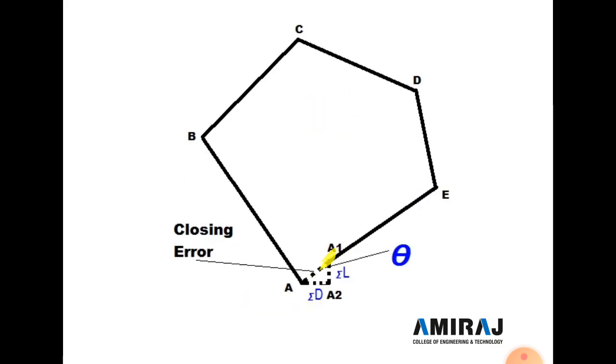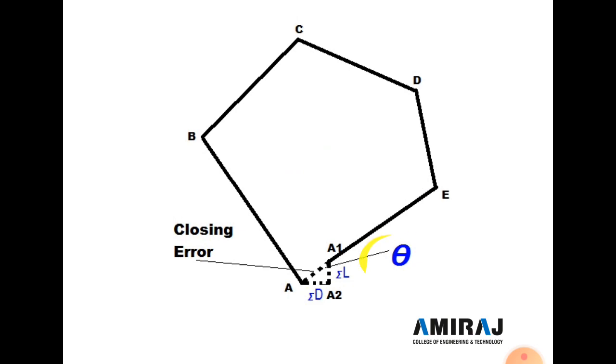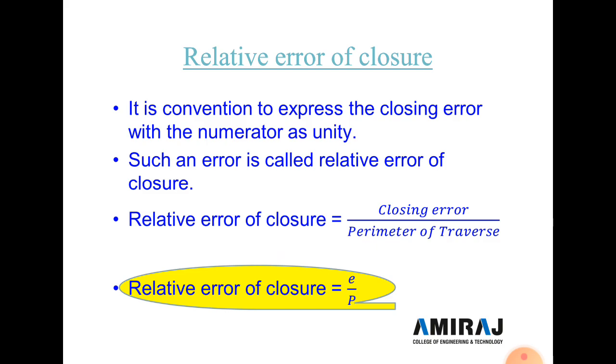E is equal to the square root of the sum of latitude squared plus the sum of departure squared. The sum of latitude and departure is already given in an example, and the direction of the closing error is given by tan theta equals sum of D by sum of L. This angle is measured by this equation, and the signs of the sum of latitude and sum of departure will define it. Here we find the closing error.